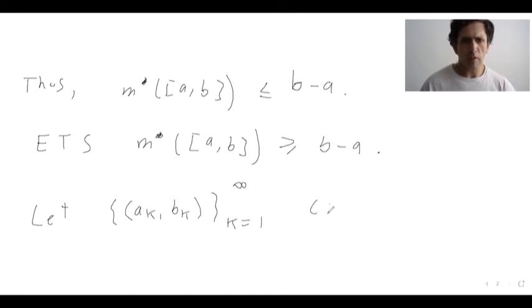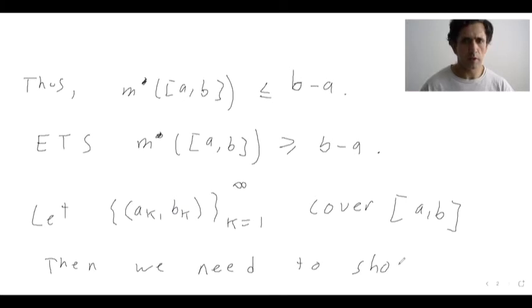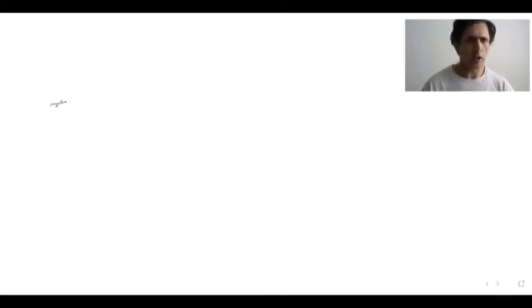So let's say this covers a to b. What do we need to show? We need to show that this sum here is bigger or equal to b minus a.